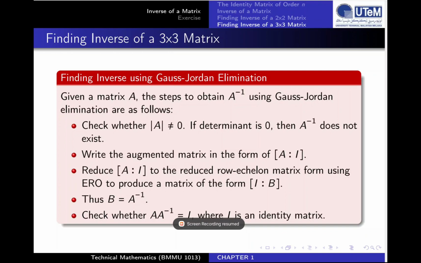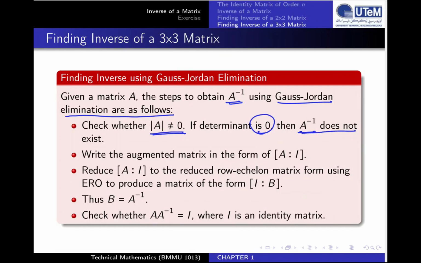Given a matrix A, we want to find A inverse using Gauss-Jordan elimination. Make sure we check that the determinant is not equal to 0. If the determinant is 0, then A inverse does not exist.